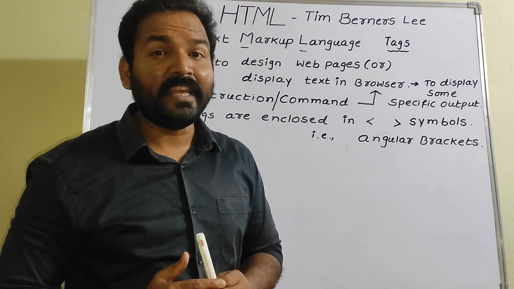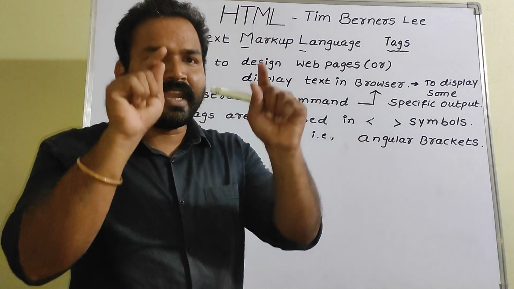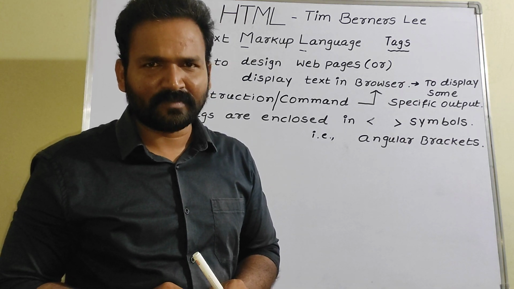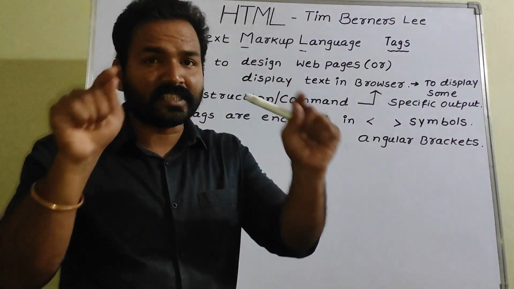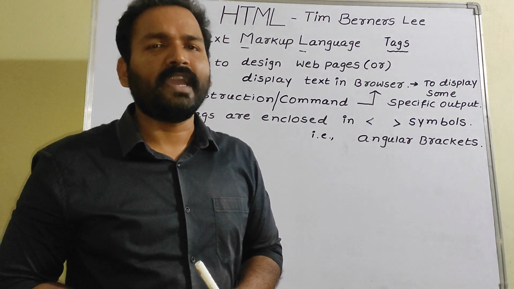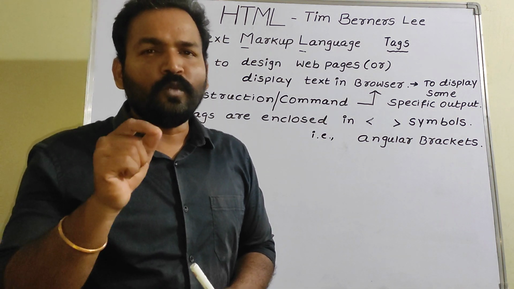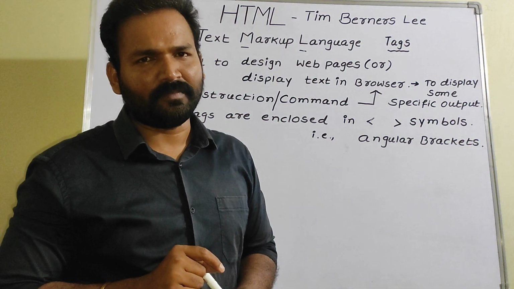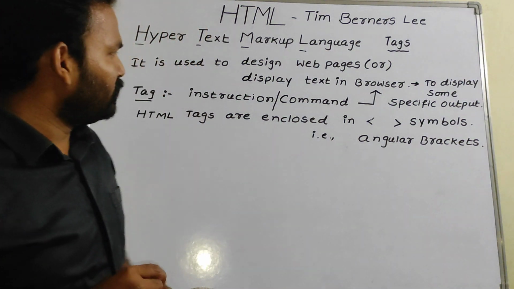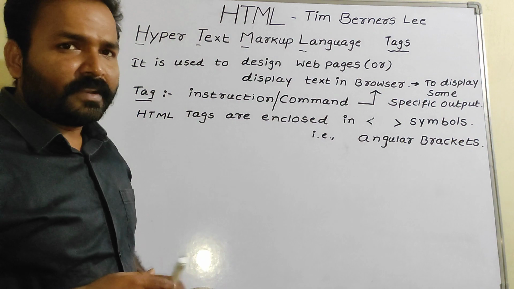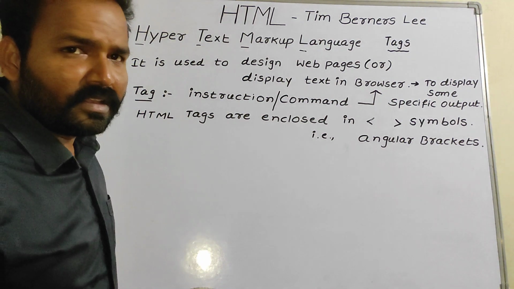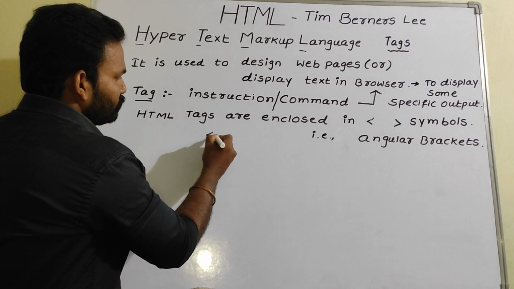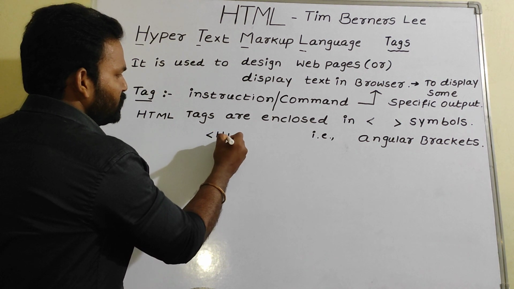Anything that gets enclosed within the angular brackets, we can call it a tag in HTML. Okay? Is it clear? I will give you an example of a tag. HTML.